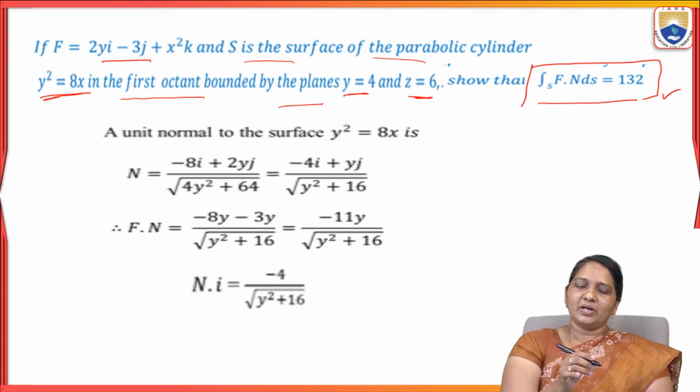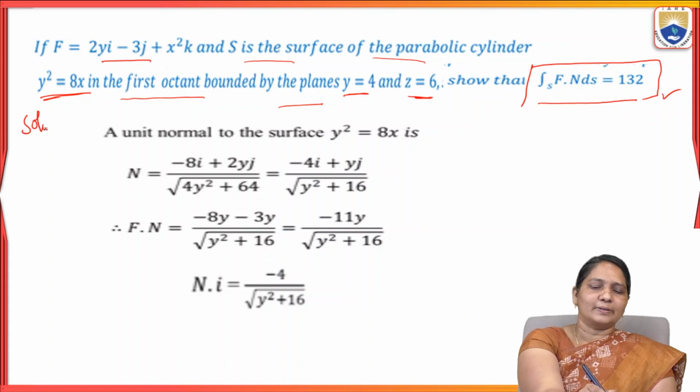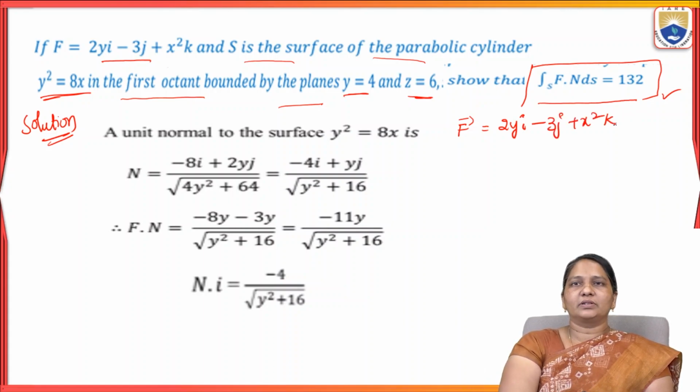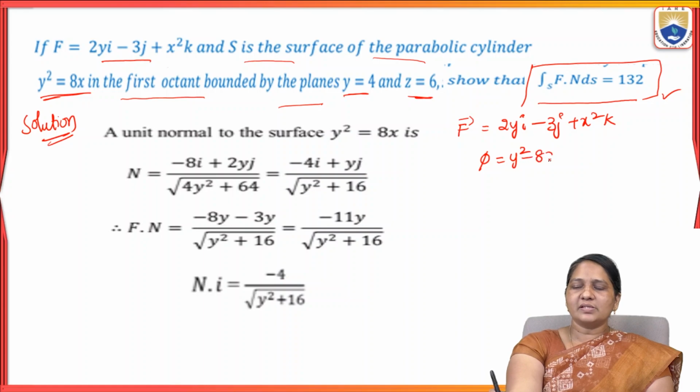First of all, what is the given data in the solution? I am writing the given data: F bar is 2y i minus 3j plus x square k. This is the given vector, and S is the surface of the cylinder, phi equal to y square minus 8x.